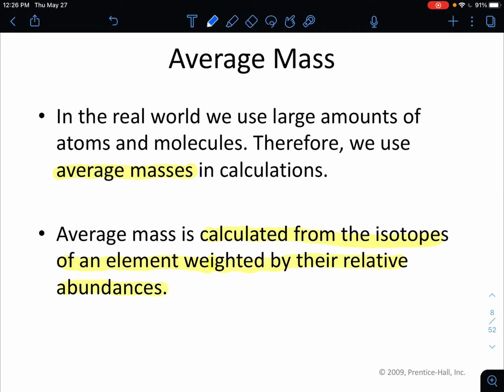So something like carbon, more or less, is 99% carbon 12 and 1% carbon 13. So what we end up with for the carbon average mass is more or less 12.01 AMU, because that's the weighted average of the two isotopes.